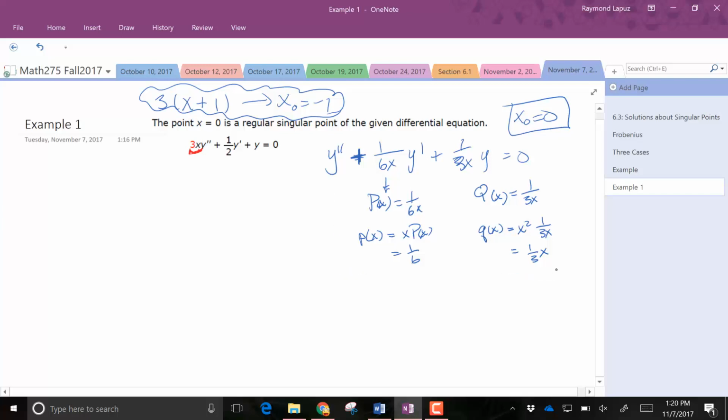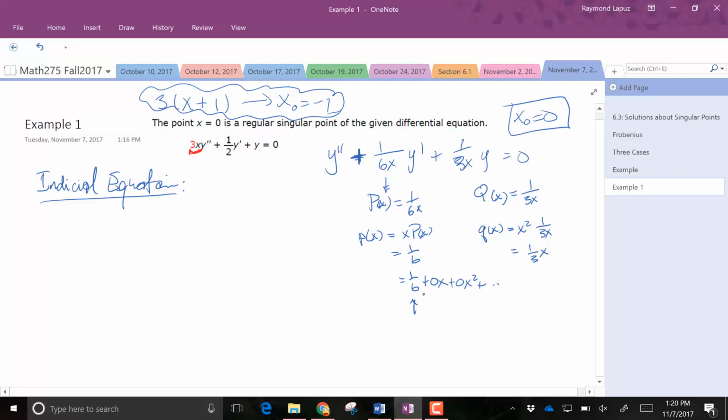Oh, I guess from here we also want to identify our A naught and B naught to help us find our indicial equation. So if you imagine this is a power series, you have a constant term plus 0 times x plus 0 times x squared. Not that this matters, because the only thing you're really focused on is the constant term.